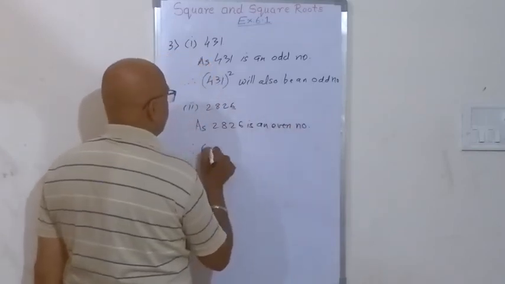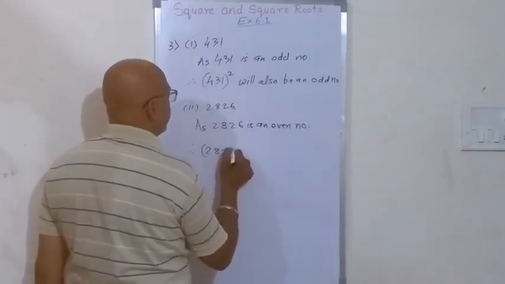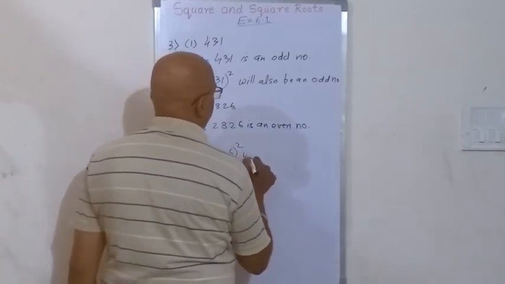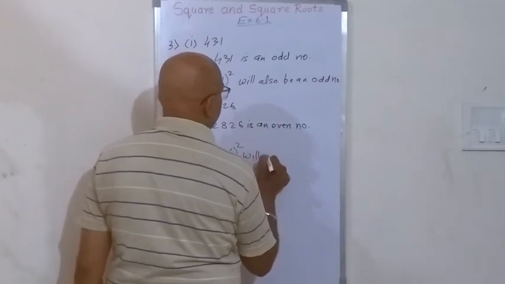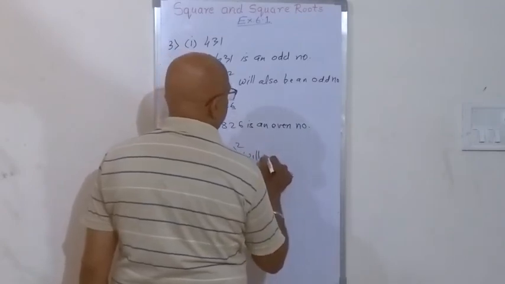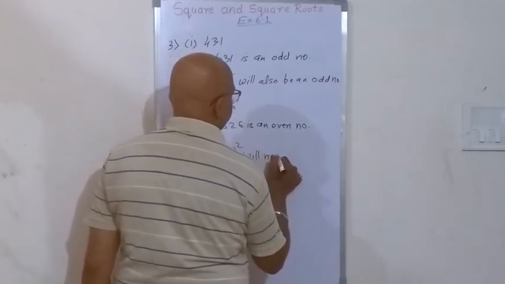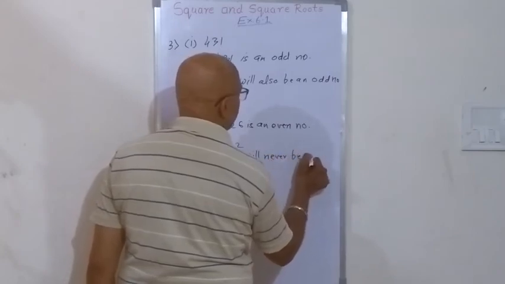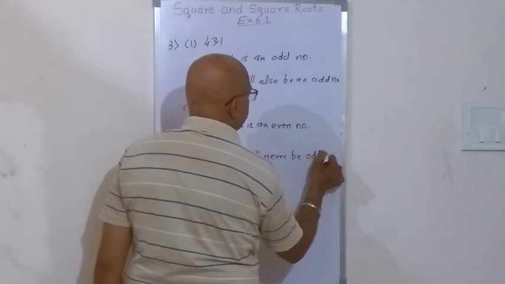Therefore 2826 square will never be an odd number.